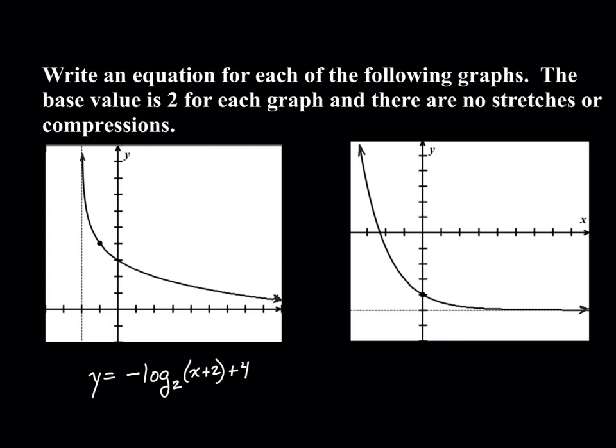All right, now the next one is exponential, and the base value once again is 2, so we're going to have 2 raised to some power. And if you think about the parent function point right here, well, that point has simply moved down 5 units. So what we're going to have then is just a minus 5 on this.